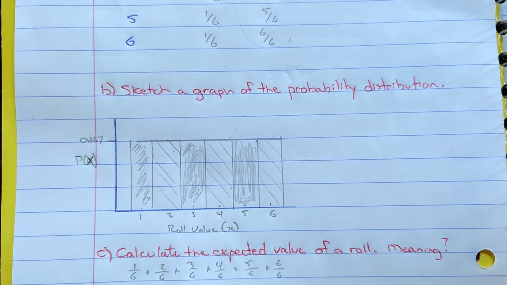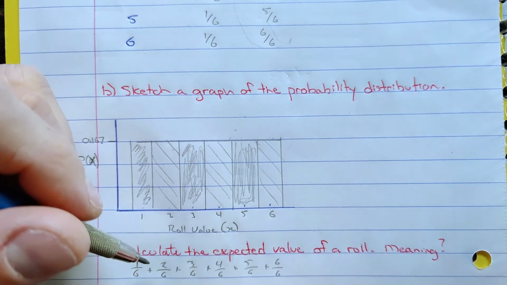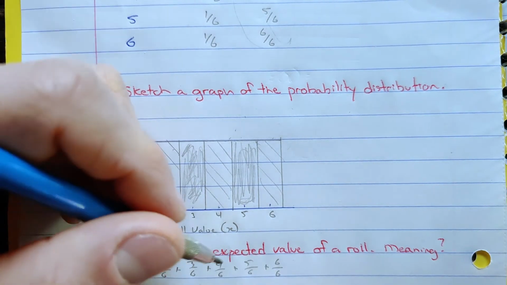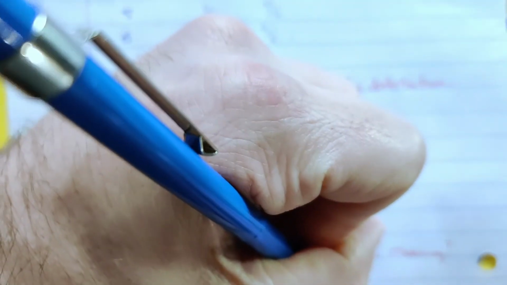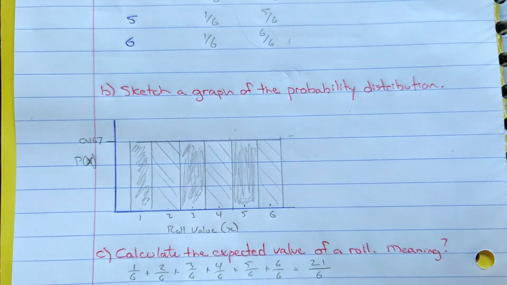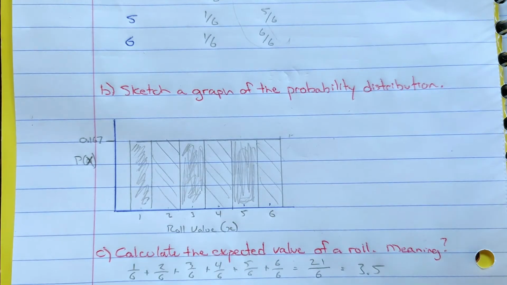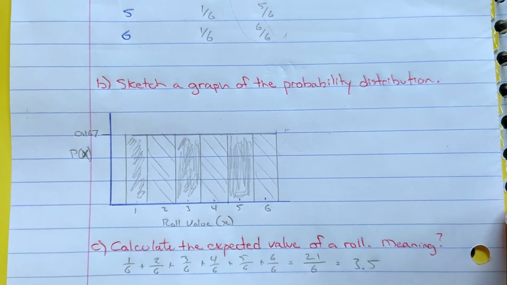And we're going to get 3, 6, 10, 15, and 21 over 6. And if we divide that out, we're going to get 3.5. So our expected value in rolling a die is going to be 3.5.